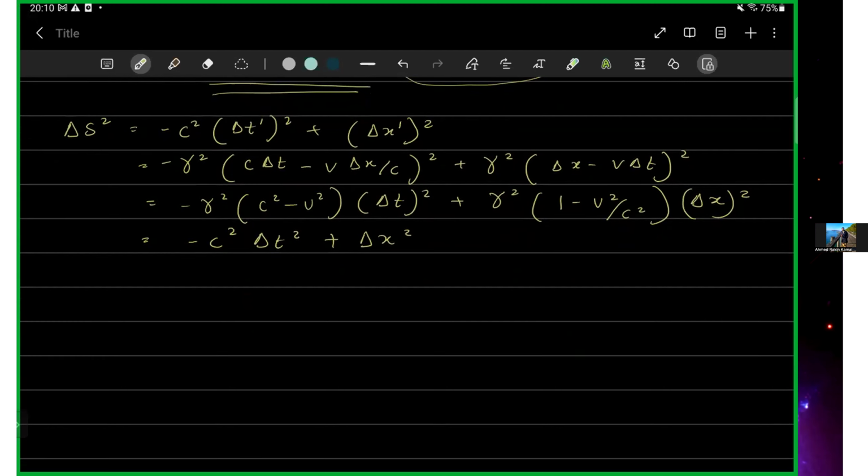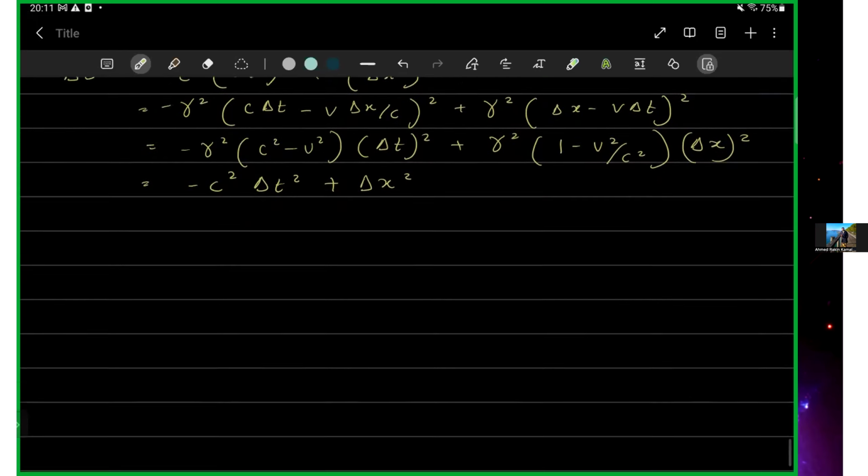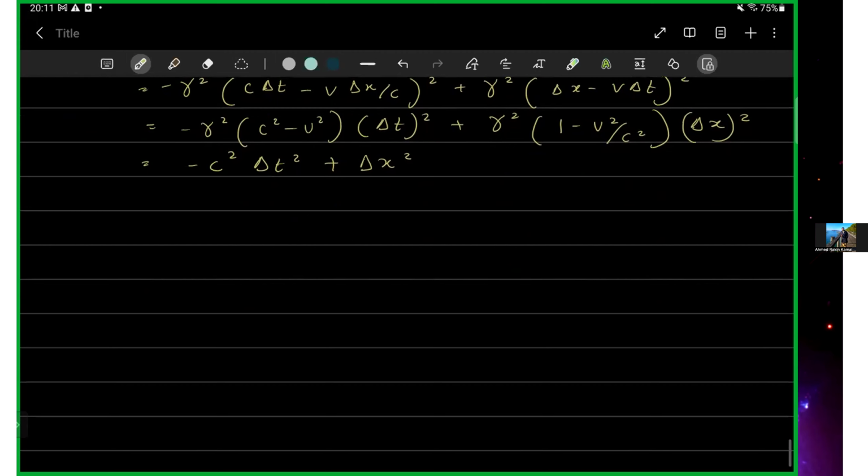It means that the interval, or the space-time interval over here, is invariant under Lorentz transformation. And whatever is invariant under a Lorentz transformation, we call them Lorentz scalars. Okay. Now, this is special relativity, but in general relativity, we will consider space-time intervals that are between points which are infinitesimally close to each other.